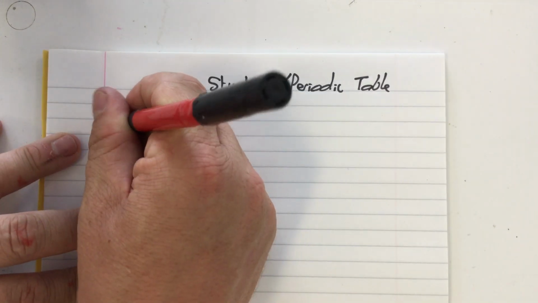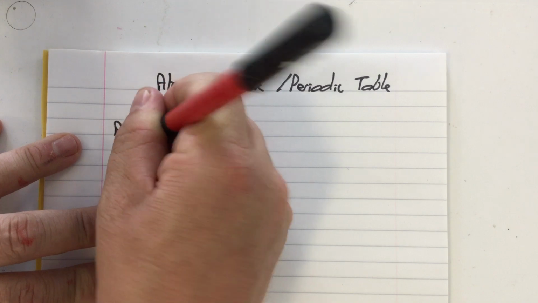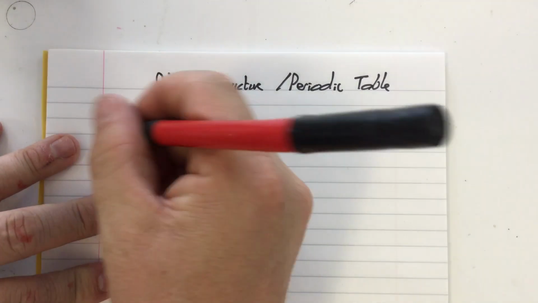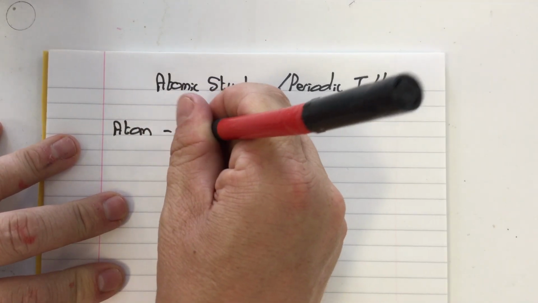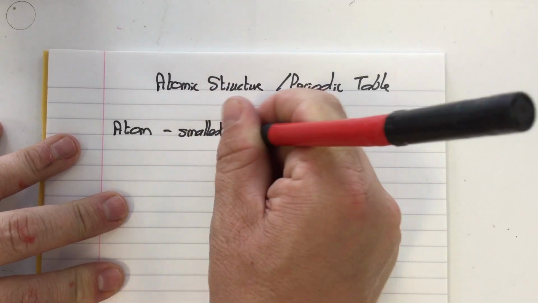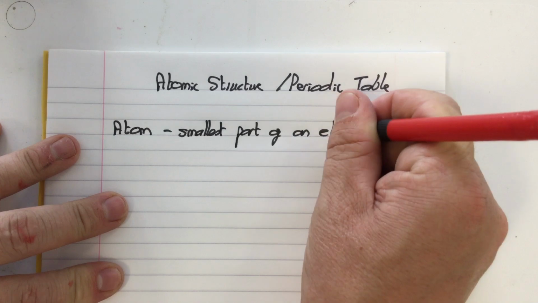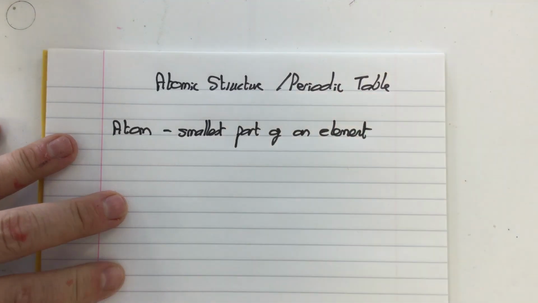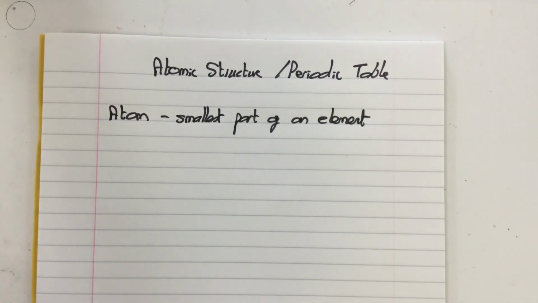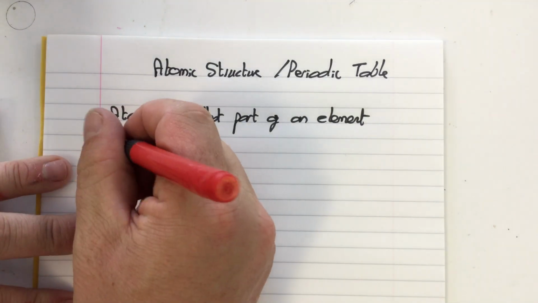Okay, so to start with, if we're talking about atomic structure, we need to know about the atom. So this is the smallest part of an element. Okay, so we're just concentrating on exactly what you need to know for the exams.